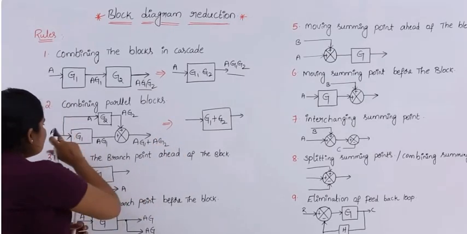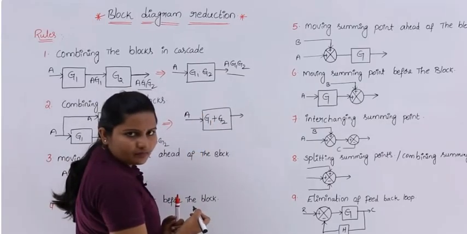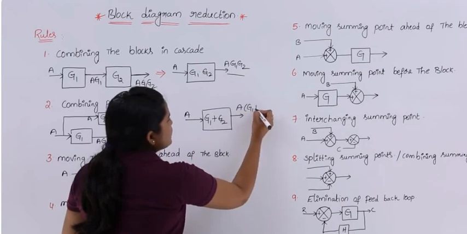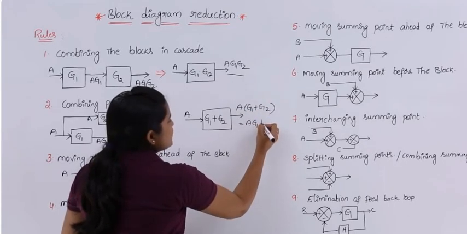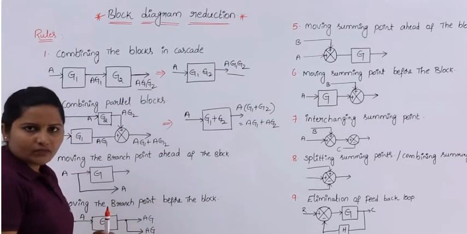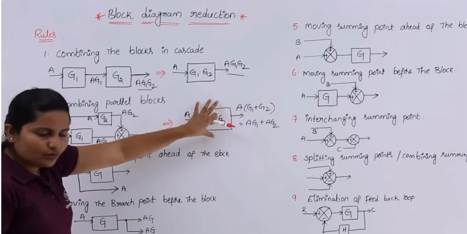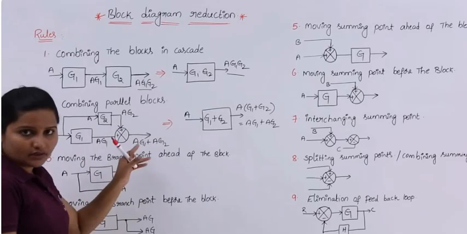With the same input signal A, the output is A into G1 plus G2, which is equivalent to AG1 plus AG2. You are getting the same output. If you get the same output with this single block, there is no need to take these two blocks in parallel with the branching point and summing point.